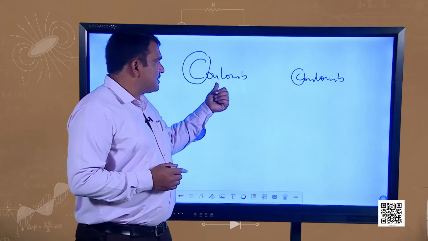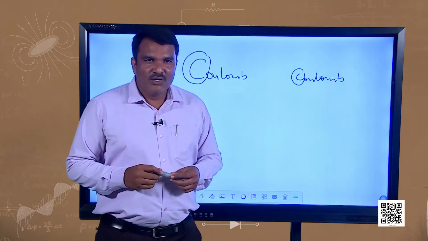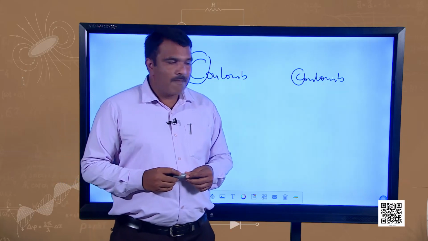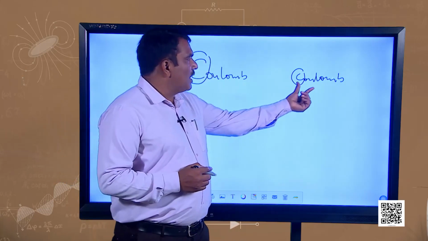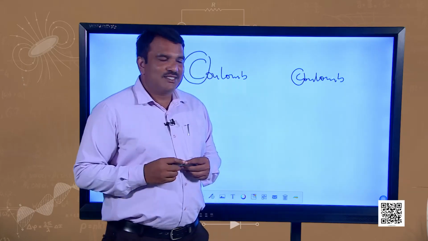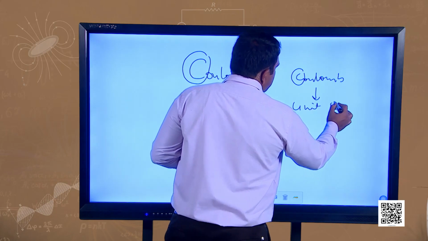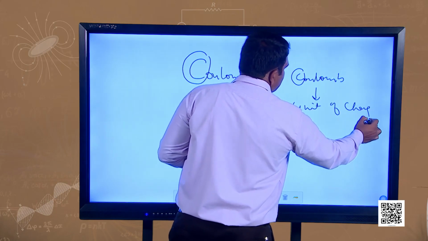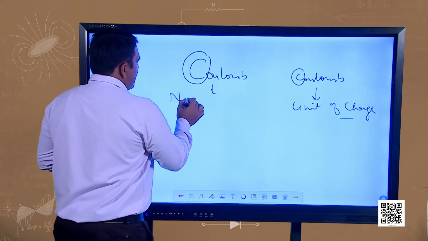It is the name of a scientist, Coulomb, that is Charles Augustin de Coulomb, who gave Coulomb's law. And in this, because first letter is small, this coulomb is the unit of charge, and this is the name of a scientist.